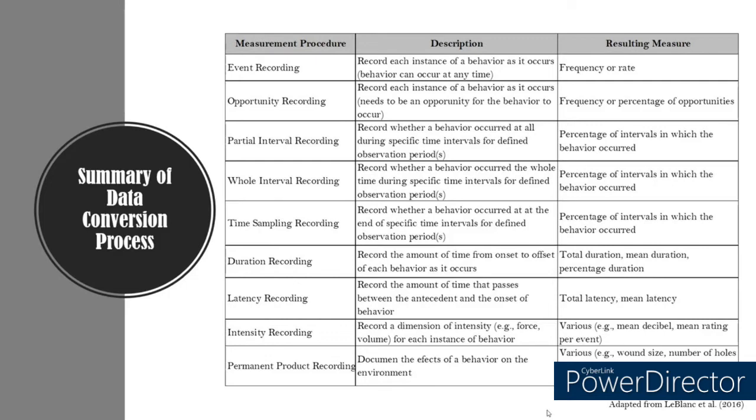If yes, we put a tick mark. If no, we put a cross. And after that, exactly like partial interval and whole interval, we find how many bins are ticked and calculate the percentage of the intervals in which the behavior occurred and draw that on the y-axis.